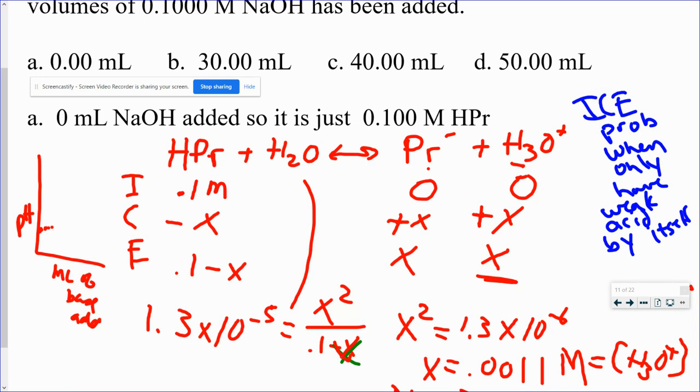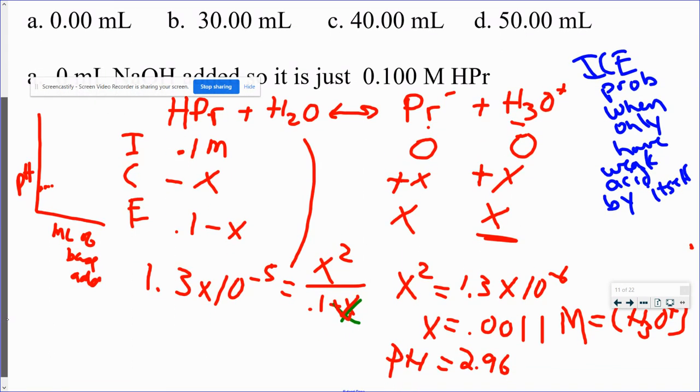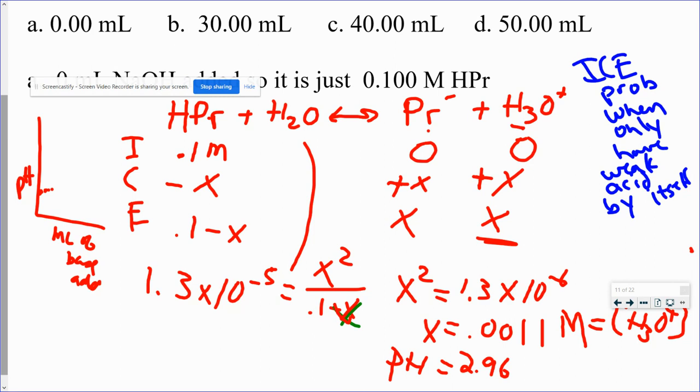So we'll just have X squared over 0.1 equals the Ka. So X squared equals 1.3 times 10 to the minus 6. When we multiply that 0.1 over, we solve for X, and it's 0.0011 molar. That is our H3O plus. So it's a regular ICE problem, because all we had in there was the weak acid.